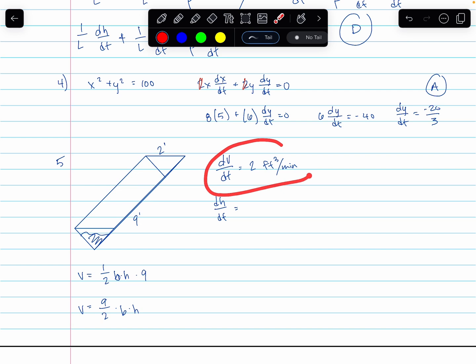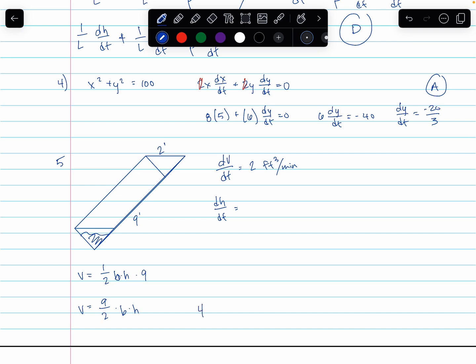How much would the volume be after 2 minutes? Wouldn't it be 4? The volume is changing at 2 cubic feet per minute. After 2 minutes, that would be 4, wouldn't it? Does that make sense?